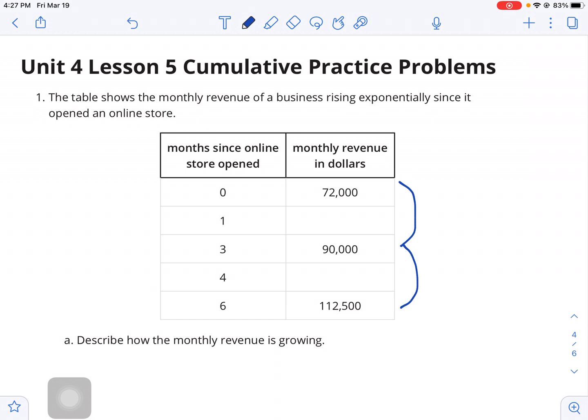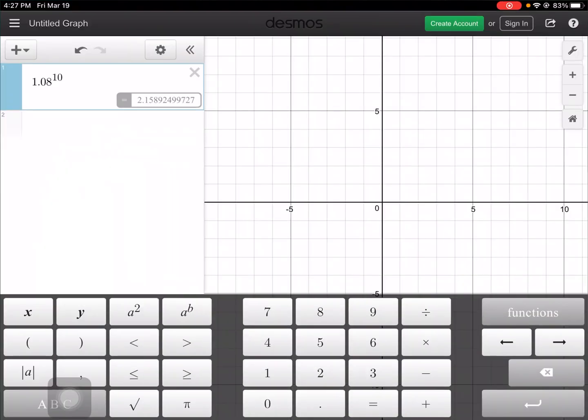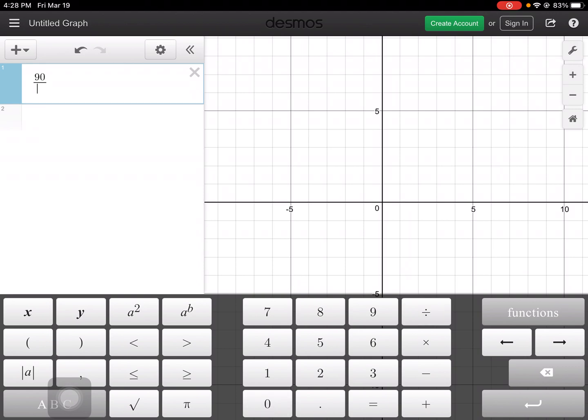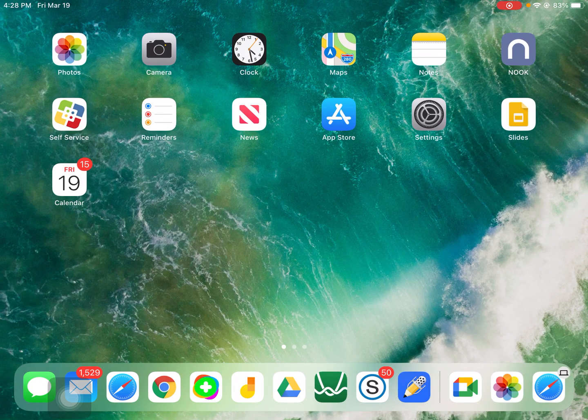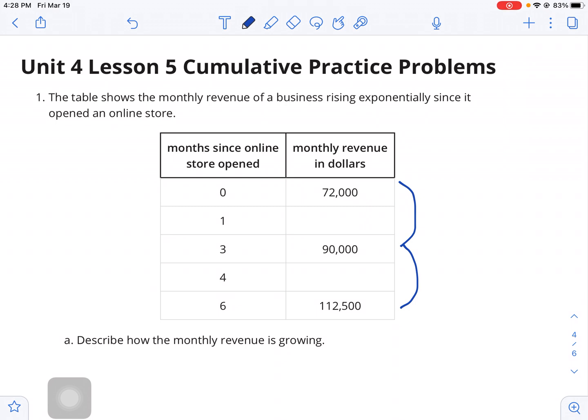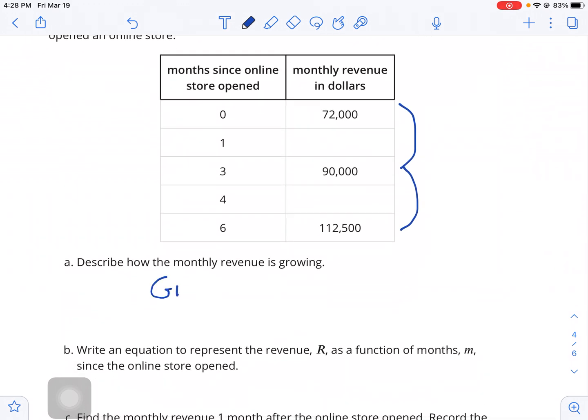And so we want to know, how is it growing? So from 72 to 90,000, if you go over to Desmos and divide 90 by 72, we get 1.25. So the revenue grows by a factor of 1.25 every 3 months.